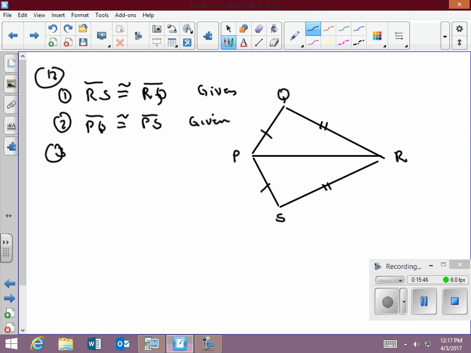And then PR is congruent to PR, and that's the reflexive property.